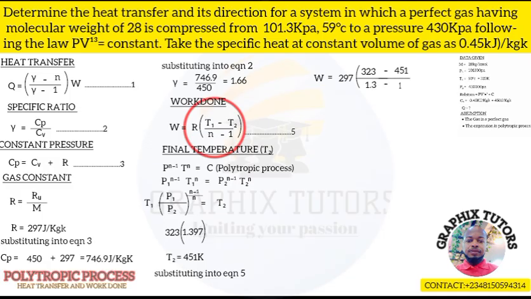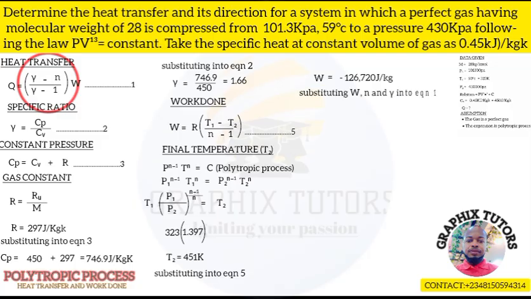So in the long run, when you subtract 451 from 323, you have minus 128 divided by 0.3, and that gives us minus 426.67. Now if you multiply it by 297, you have minus 126,720 joule per kilogram. In terms of kilojoule, you divide by 1000, so you have minus 126.7 kilojoule per kilogram. So we've gotten my work here.